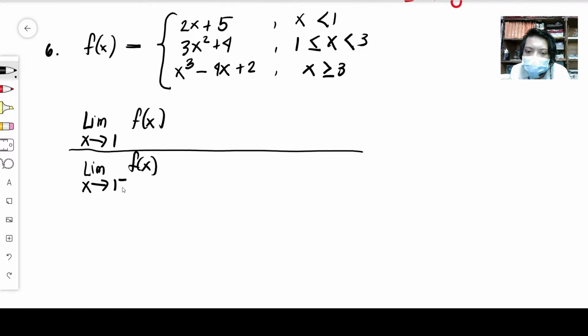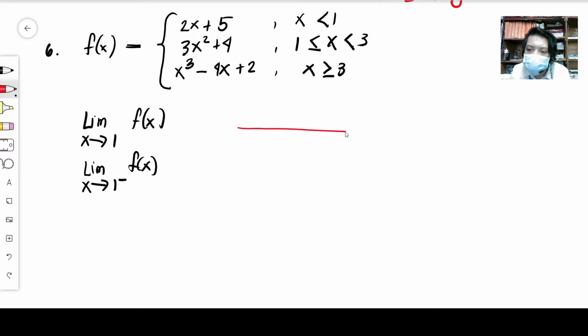From the left, so what is to the left of 1? Let me try to draw a number line: 1, 2, 3, 4. To the left of 1 is 0, and so on and so forth.